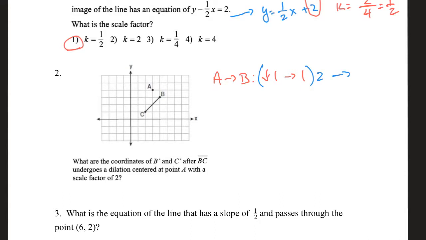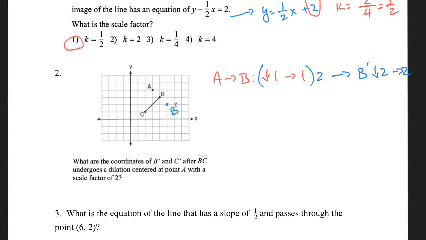Therefore, B prime is going to be down 2 and to the right 2. That's how we're going to get there. So let's do that right now. Down 2 is 1, 2, and right 2 is 1, 2. So that's B prime right there.